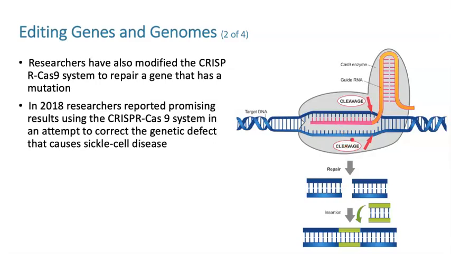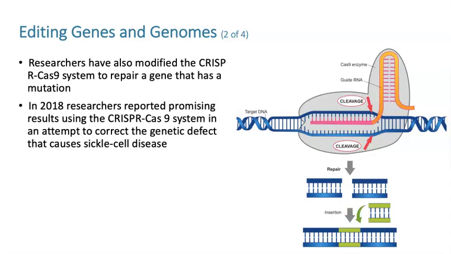So if your target DNA has a mutation, then what happens is it cuts the DNA, and then we can insert some new DNA in, especially if we've got some sticky ends right there, right? Add a little DNA ligase, and you've just cut out a bad bit of DNA and replaced it with a good bit of DNA.